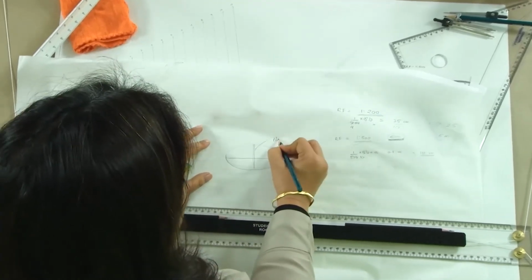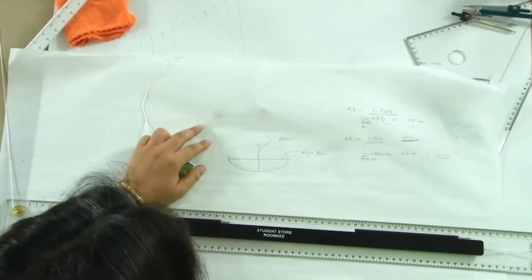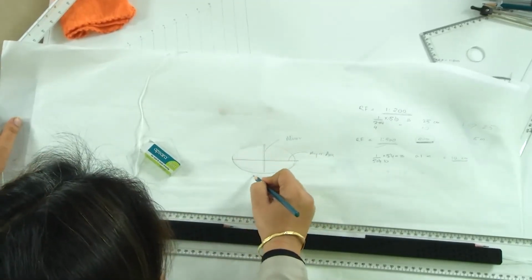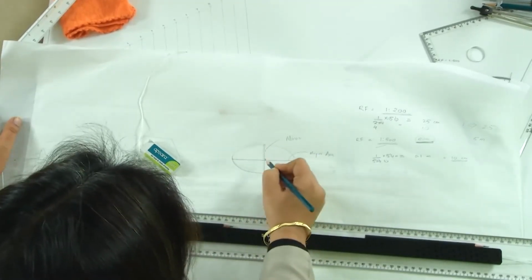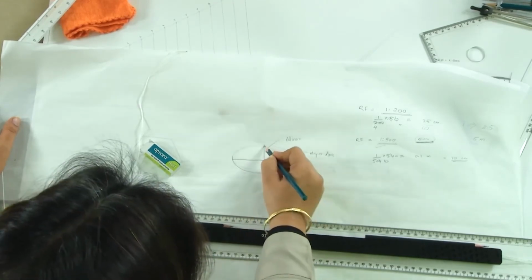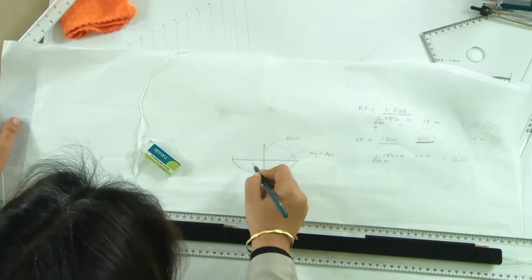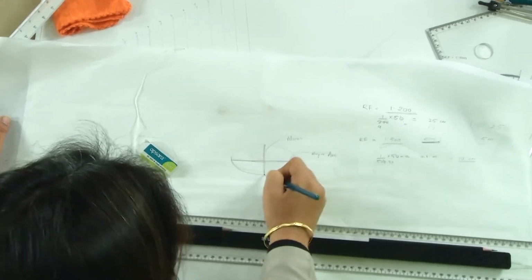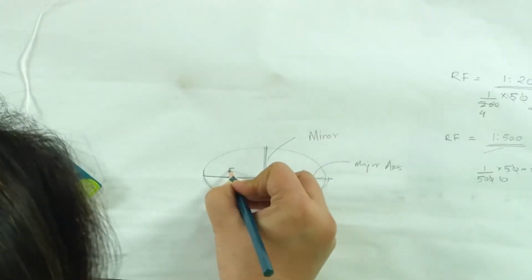This is the minor axis. And the ellipse is symmetrical about these two axes, both by this axis and this axis. But the axes are not equal. The major axis is bigger, minor axis is smaller. In addition to this, we have 2 points which are called the focal points.